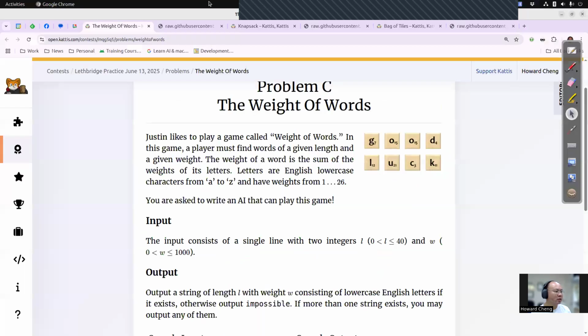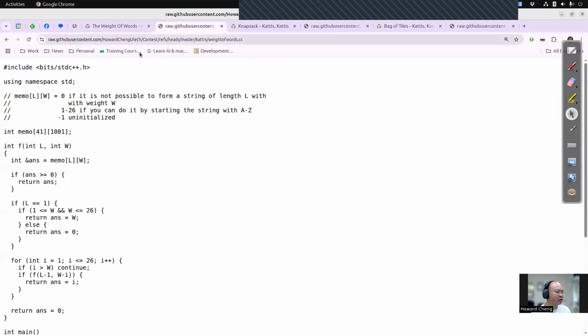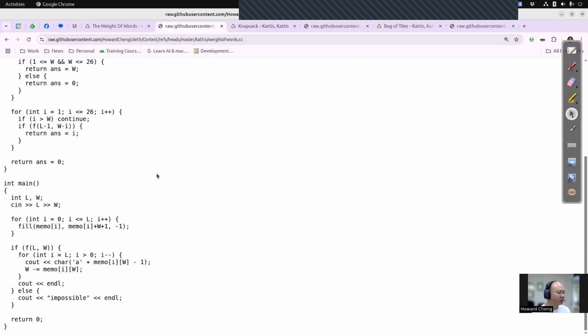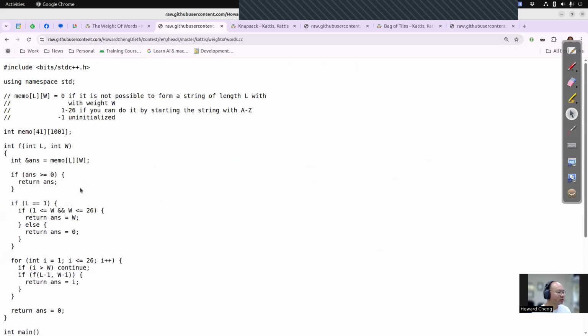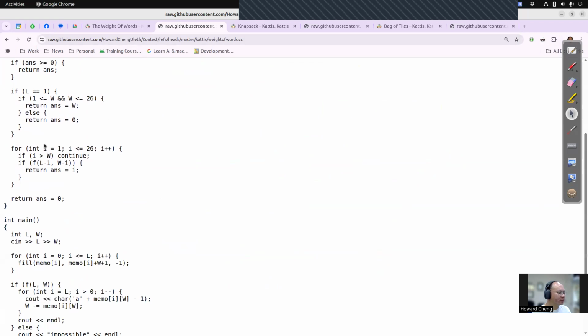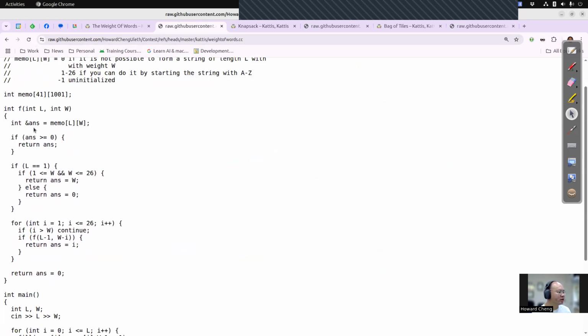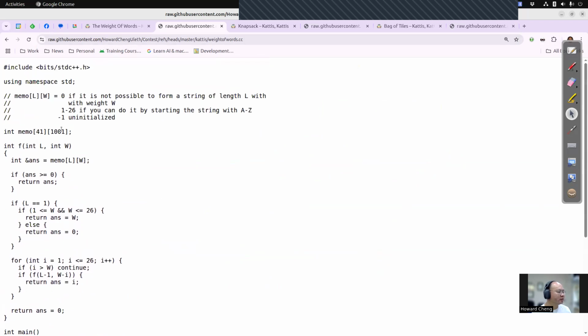Okay, so I know that I went by pretty fast, but given that I spent quite a bit of time talking about knapsack in general, hopefully this is easier to understand. I have what I call a memoization table, basically for all the different ways I can call this function f, with length and total weight.